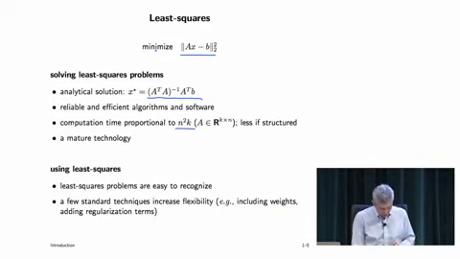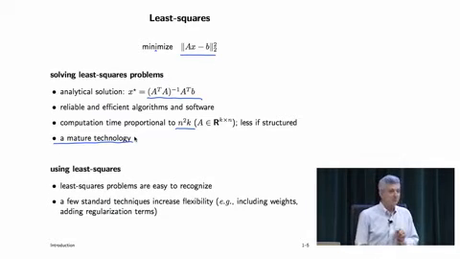So I would say that least squares is a mature technology. It's kind of cool. It goes back about 200 years, because Gauss wrote a paper about least squares in Latin right around 1800 something or other. So a little bit more than 200 years old. Anyway, it's used everywhere, which I'm sure all of you know.